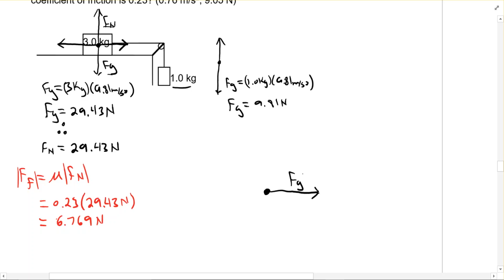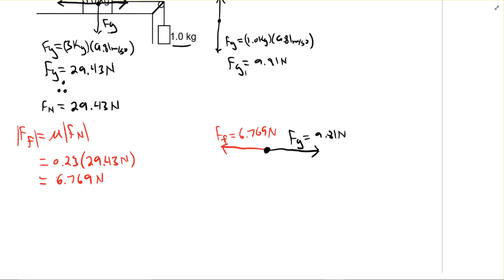So Fg, I'm going to call it Fg1. I guess I should have named that earlier. So Fg, which is 9.81 newtons. And then pulling backwards, you've got the force of friction. So 6.769 newtons.